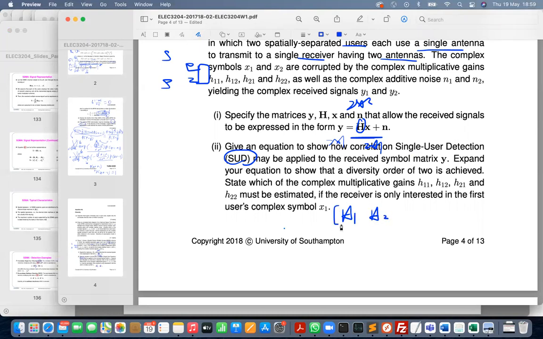Then it becomes the same as what we did before for one of the previous exam papers. So you do decorrelating. H is H1 for the first column, H2 for the second column. It's really difficult to write here. They have H1 conjugate Hermitian transpose and H2 Hermitian transpose.